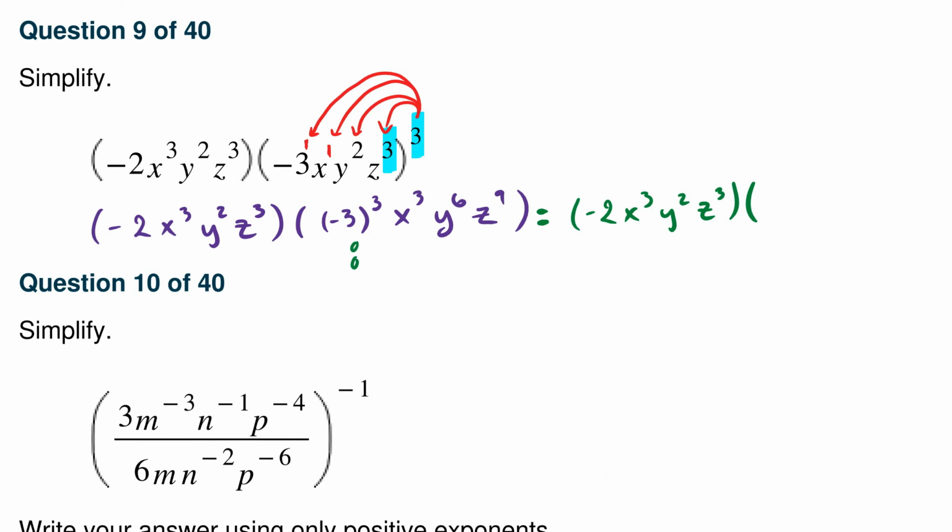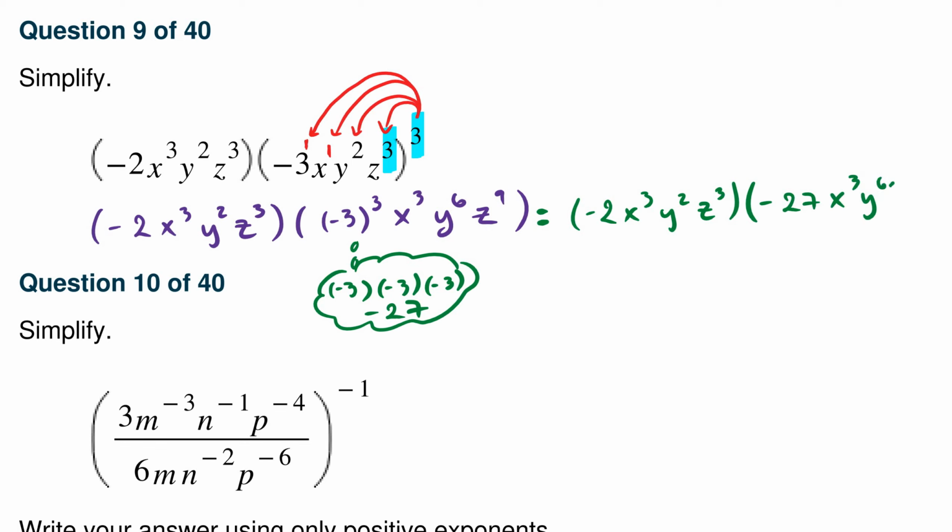This is negative 3 times negative 3 times negative 3. That will give you negative 27, x to the third, y to the 6, z to the 9. Then we're going to multiply each of them. Negative 2 times negative 27 is positive 54.